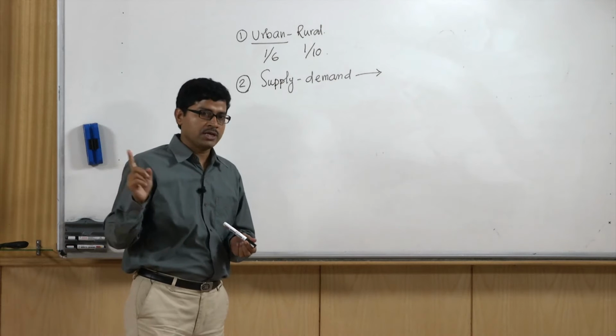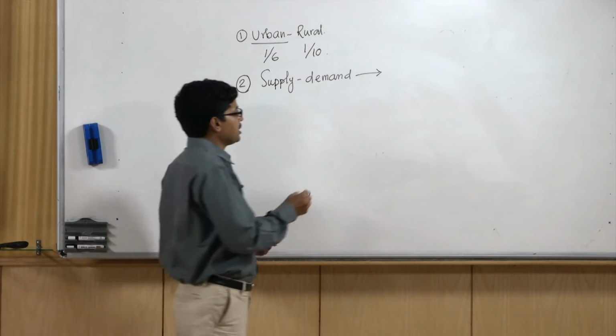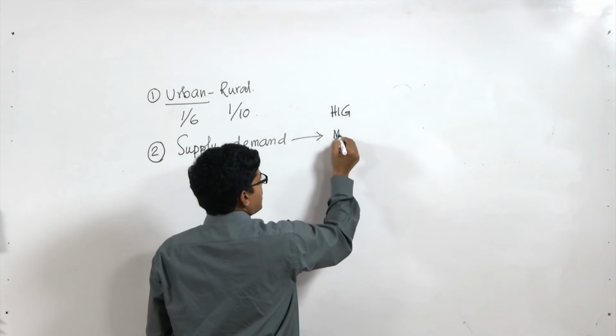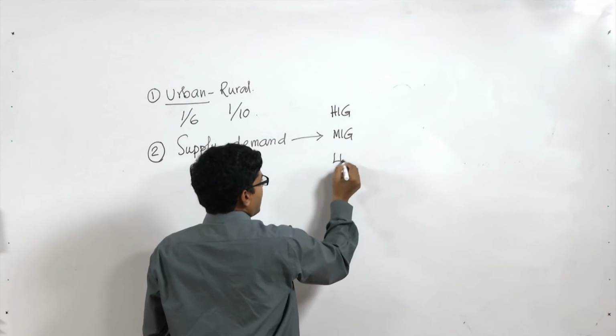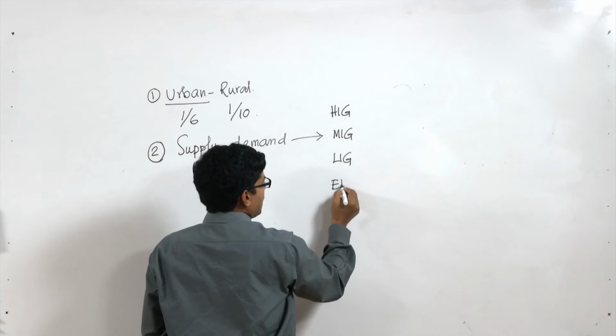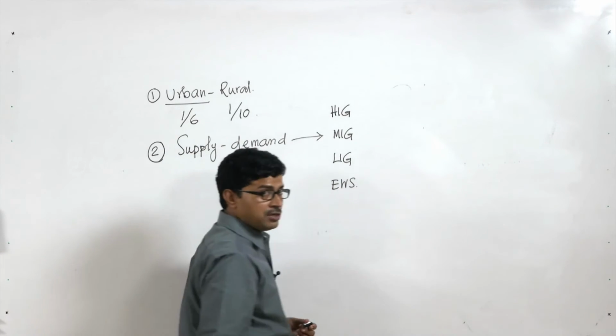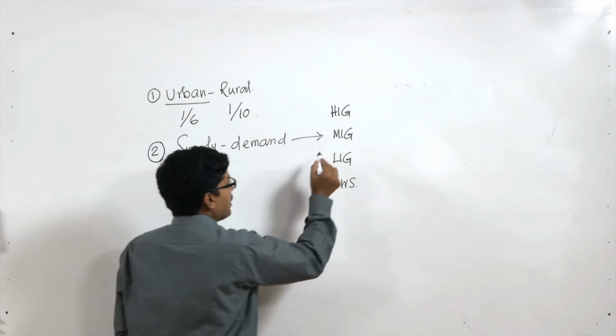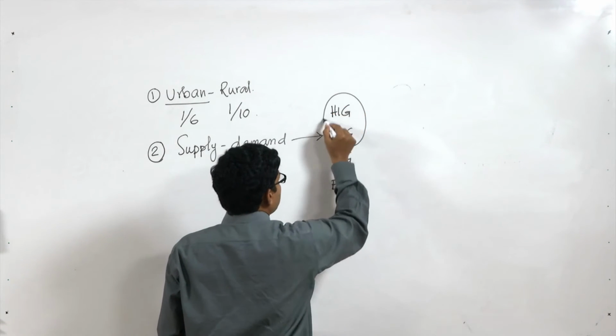I discussed it last day in lecture 2. Those are basically HIG, higher income group, MIG, LIG and EWS.